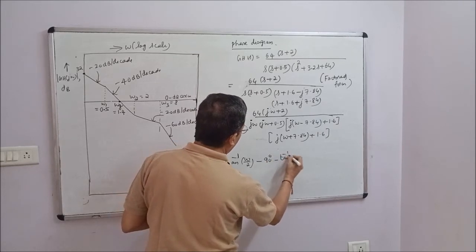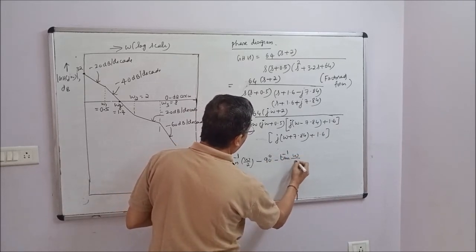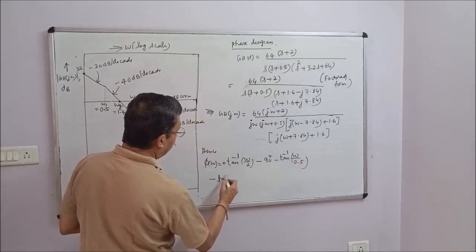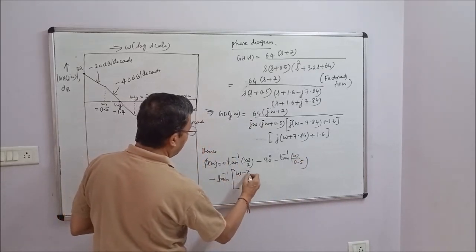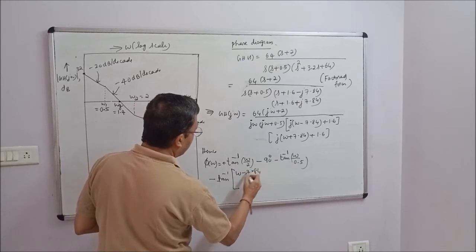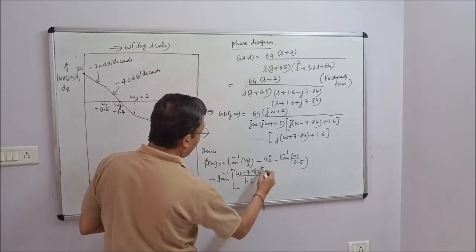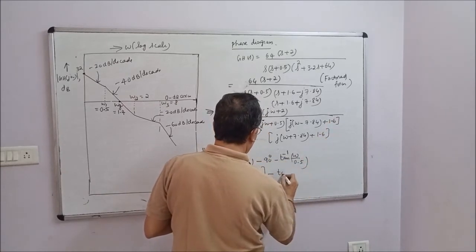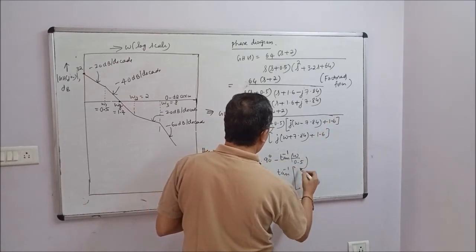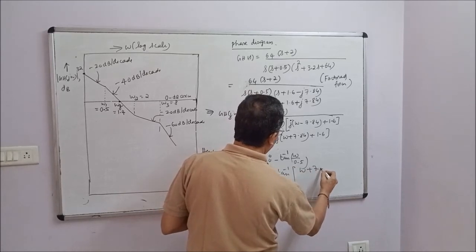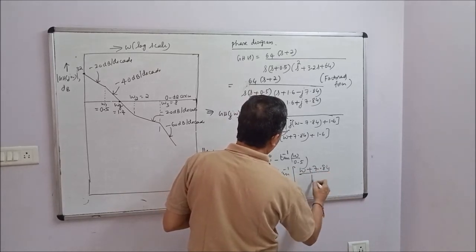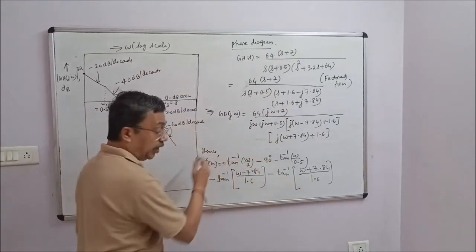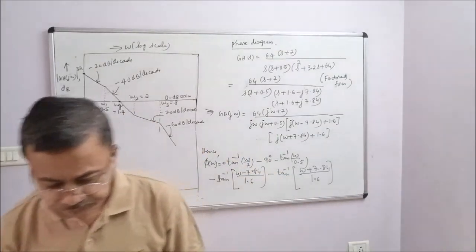Minus tan inverse of imaginary part by real part: minus tan inverse of (omega minus 7.84) divided by 1.6, minus tan inverse of (omega plus 7.84) divided by 1.6. This expression you feed in the calculator.